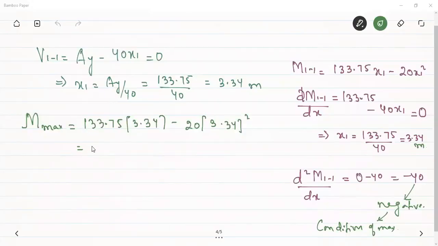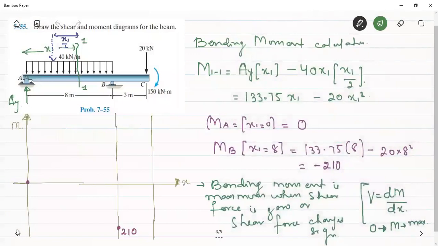This maximum value of the bending moment comes out to be 224 kilonewton meter. So this point here will be the point of maximum bending moment, and its magnitude will be 224 kilonewton meter.